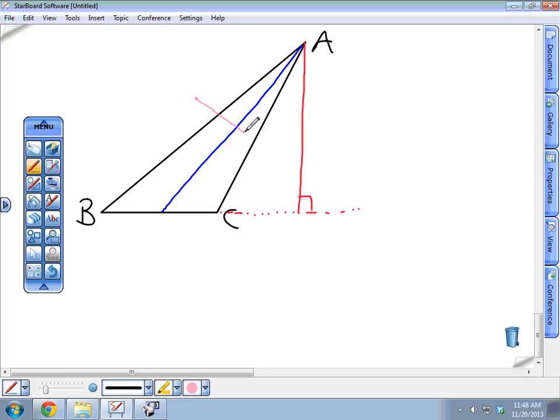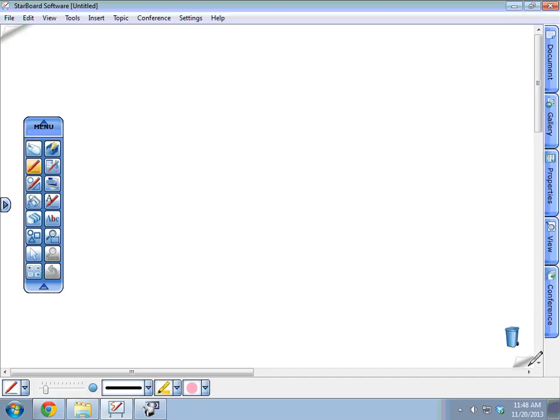If APD is a right angle, that angle at the top is a right angle, then what are the altitudes of APD? No. PD is the side of a triangle. Let's look at this. This is our triangle here.